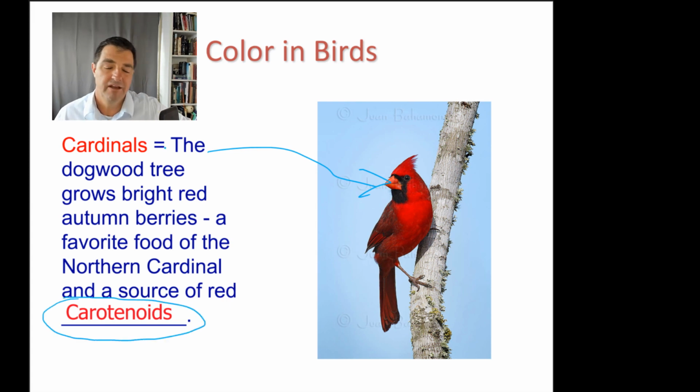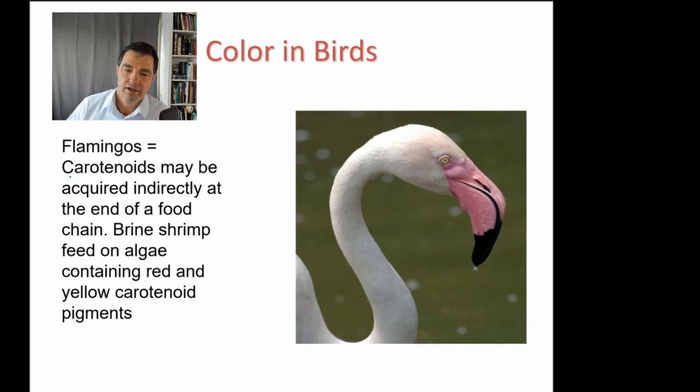They get those red carotenoids by eating berries from a dogwood tree, and they accumulate those colors, and those are probably used to attract mates. To have the brighter red color in many birds is significant for attracting females if you're a male bird. So those are due to a pigment, in this case carotenoids.